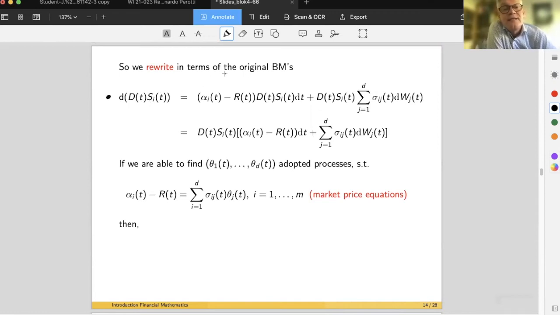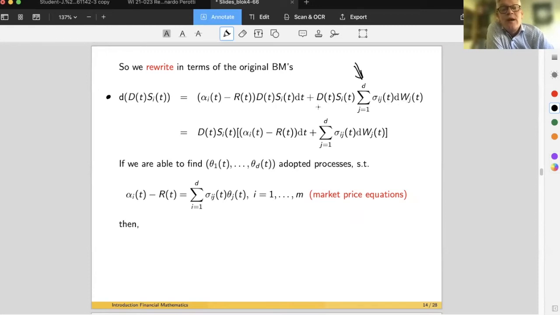And that is this part that we have just seen, (α_i(t) minus r(t)) times the discount term at t times S_i(t) dt, plus the discount term at time t times S_i(t). And here we write back the dB_i's as the sum, j is 1 to d, σ_ij(t) dW_j(t).